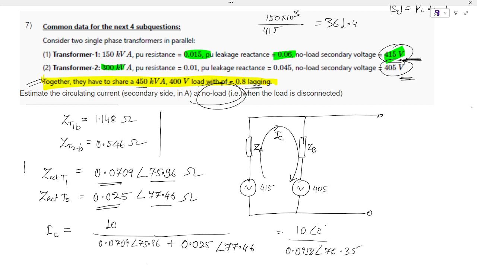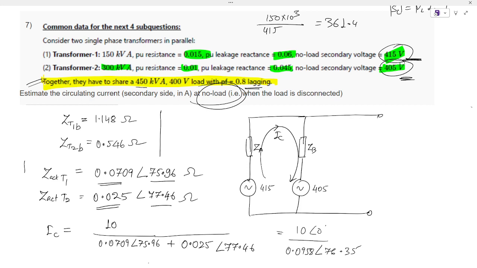Similarly, for transformer T2, 300 kVA, per unit resistance is 0.01, leakage reactance is 0.045, and the secondary voltage is 405. We can see that this is the case of different X by R ratio.